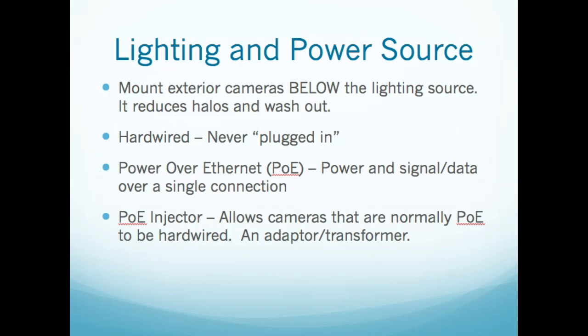So it's running off the power of the TV. It's basically transforming that power into low voltage so it can run that device and you don't have to plug it in the wall. Power over Ethernet, same thing. You're using the communications cable, the thing you're going to use to get it back to the internet, to run low voltage power, and signal data go over that single connection, and it's low voltage. That's probably the best way to do it.